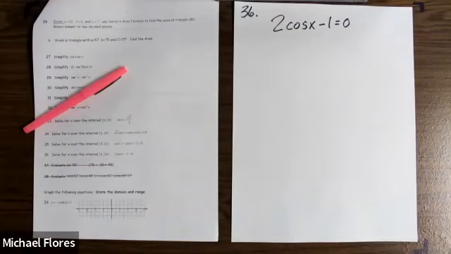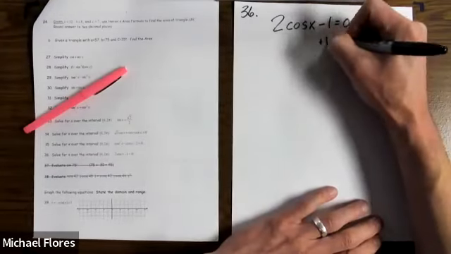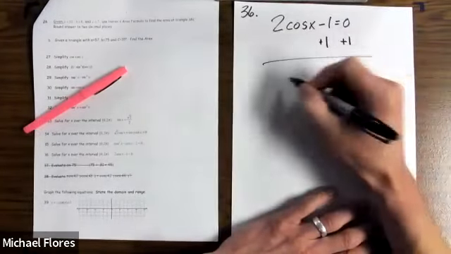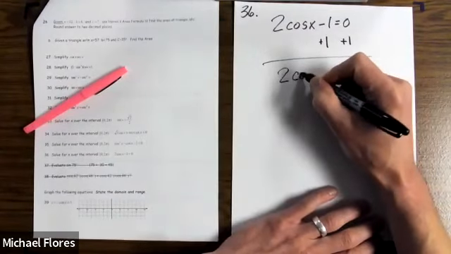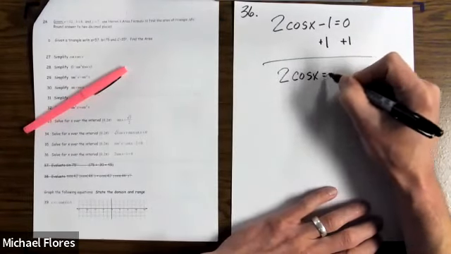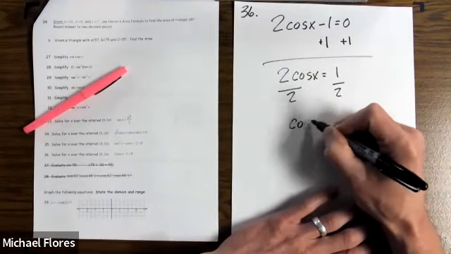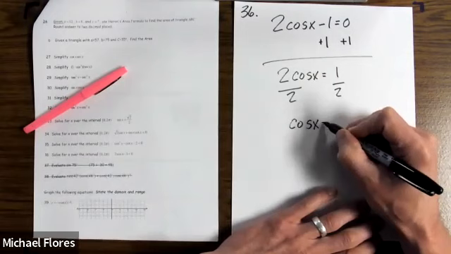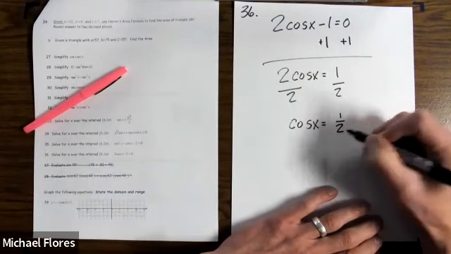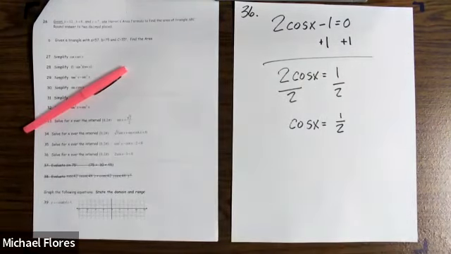Okay, here, let's add 1. Divide by 2. Where in the unit circle do we have a cosine value of 1/2?